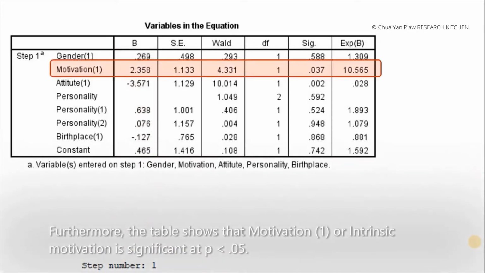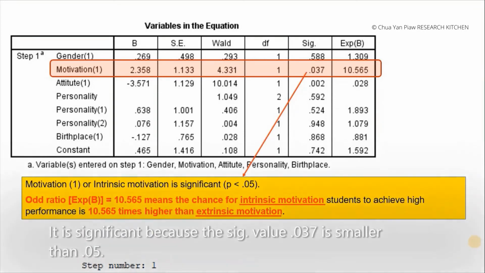Furthermore, the table shows that motivation 1, or intrinsic motivation, is significant at p less than 0.05. It is significant because the significance value 0.037 is smaller than 0.05.